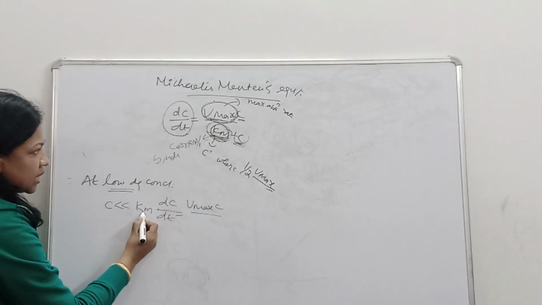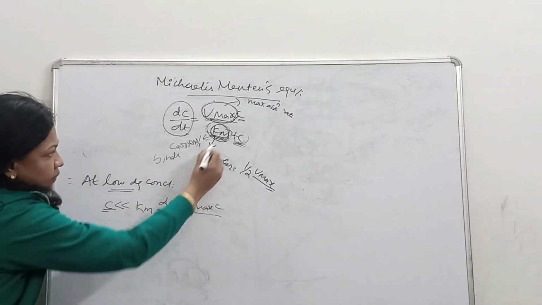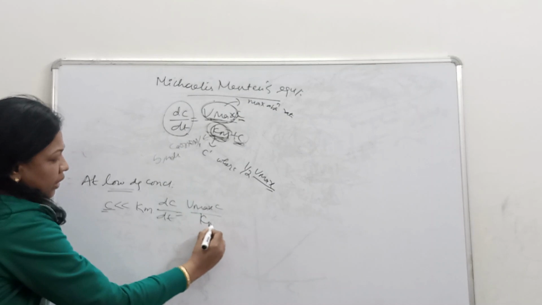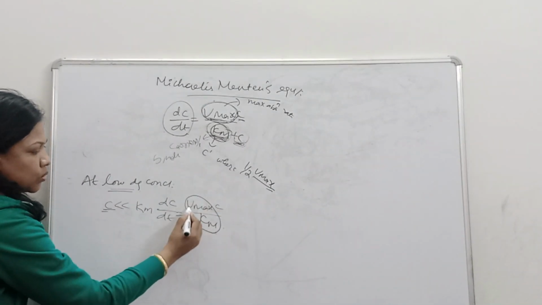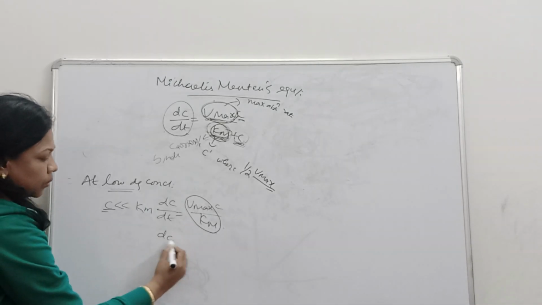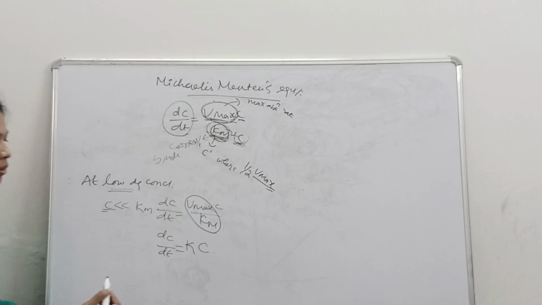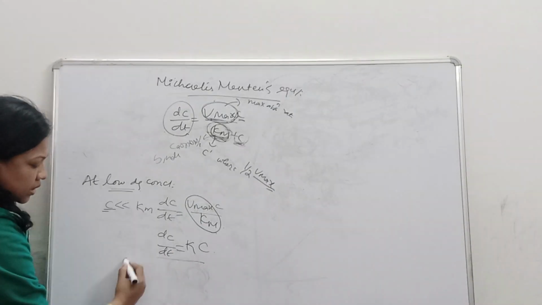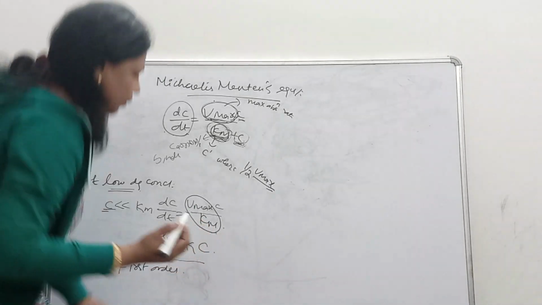Now Km is greater than C, so you can just neglect the C from the denominator and you can write Km. That is, Vmax and Km both are constants, so you can combine together into a single constant, that is dC upon dt is equal to K into C. This equation is of first order kinetic equation.